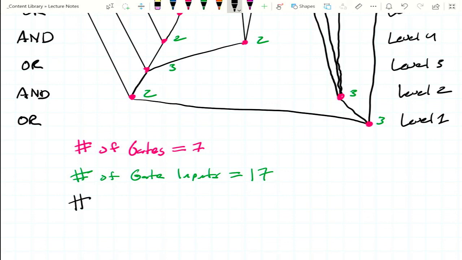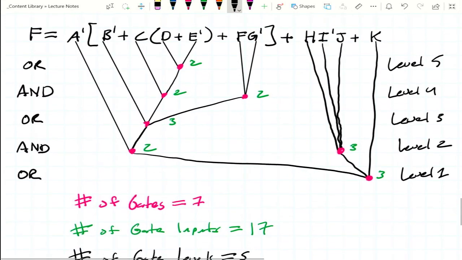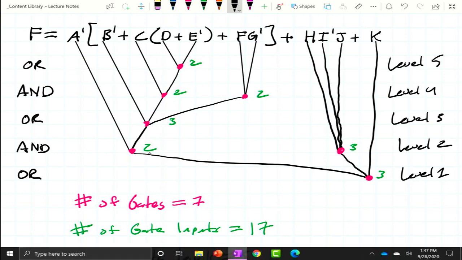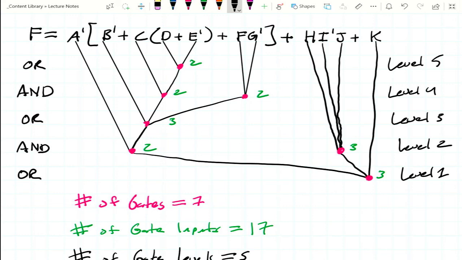So we can say that the number of gate levels... What's that? The last one on the left. Here? Yeah. It's 2. Oh, unless it should be 3. Should it be 3? Yeah, it's 2. Okay.